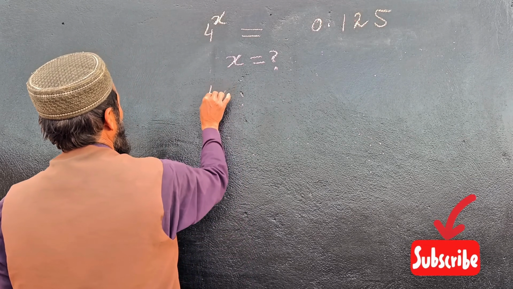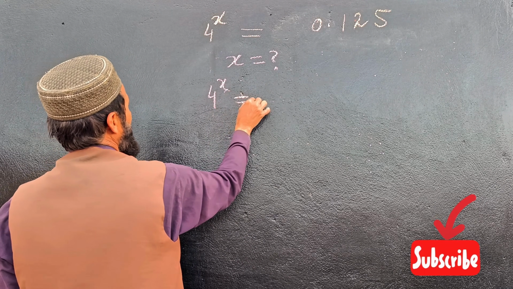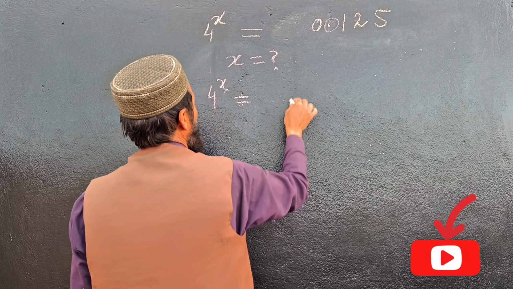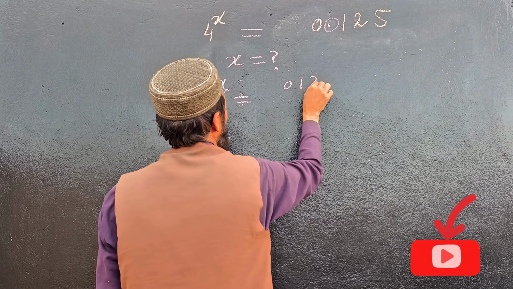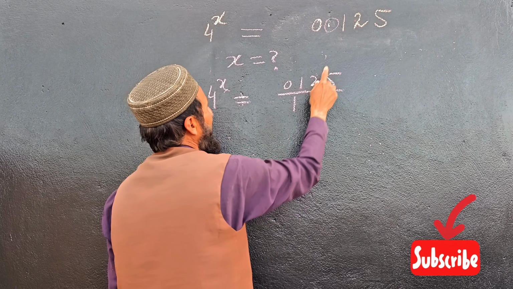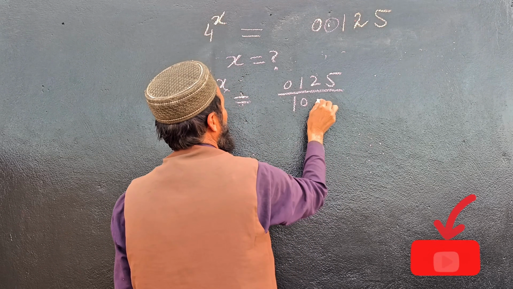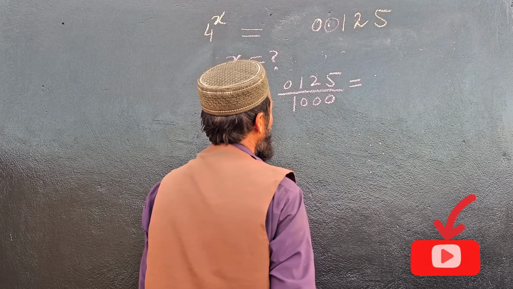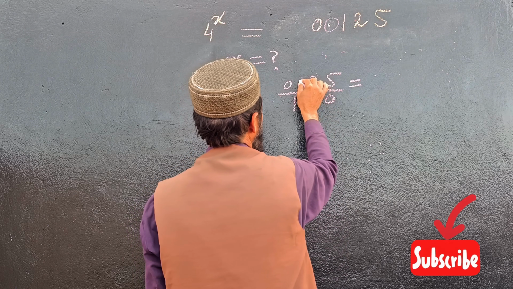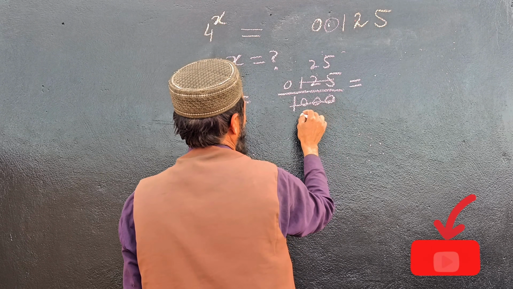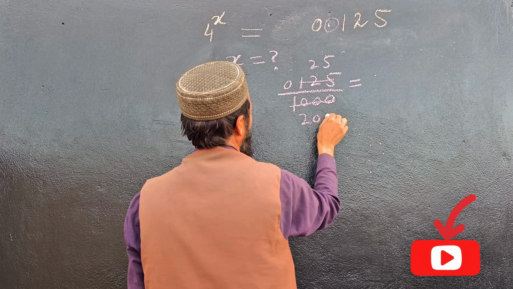In this type of exponential equation, first of all we try to remove the decimal point. So 0.125, in the place of the decimal point we put 1 and the other integers we put 1000. We try to cancel these points and this will be 125 over 1000.